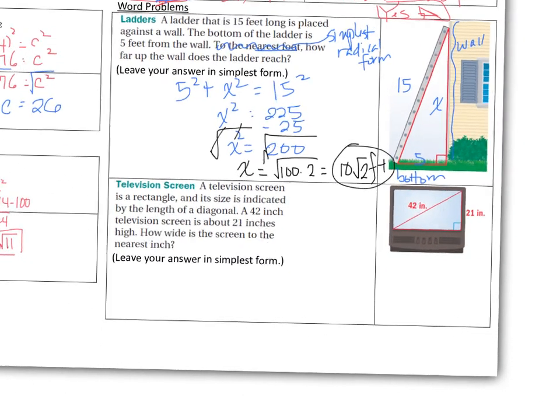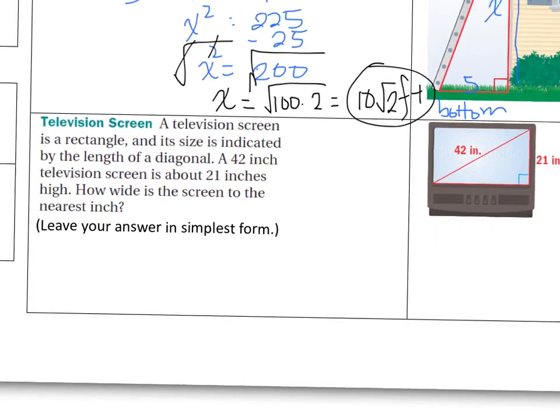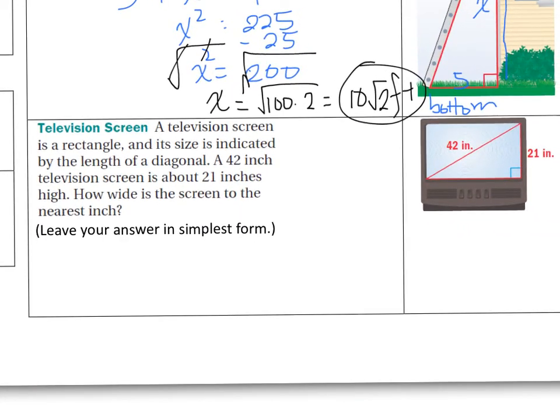Okay, one more problem. Again, it's a television screen. A television screen is a rectangle and its size is indicated by the length of a diagonal. The word diagonal here just refers to this length here.